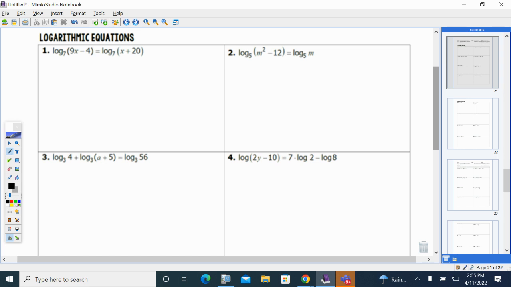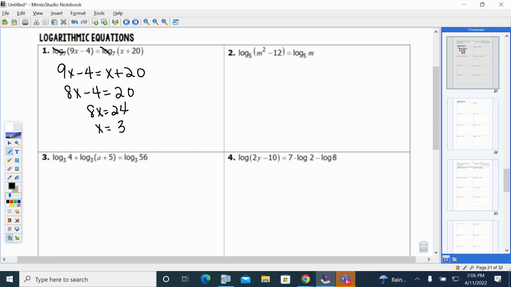Number 1 is really quick and easy. We're going to get rid of those logs and set up 9x minus 4 equals x plus 20. Subtract your x, add the 4, and we get x equals 3.